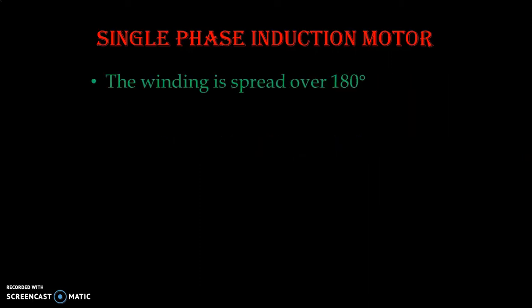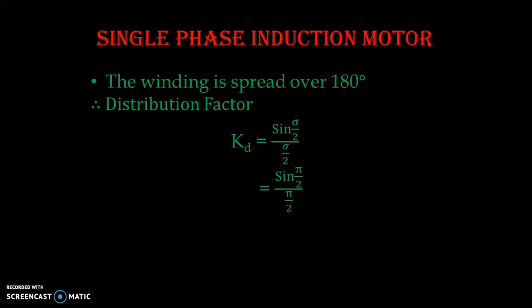In single phase induction motor, the winding is spread over 180 degrees, right? So distribution factor Kd can be written as sine of sigma by 2 divided by sigma by 2. And we know that the winding is spread over 180 degrees, so the distribution factor can be written as sine pi by 2 divided by pi by 2, and ultimately it comes to 2 by pi.